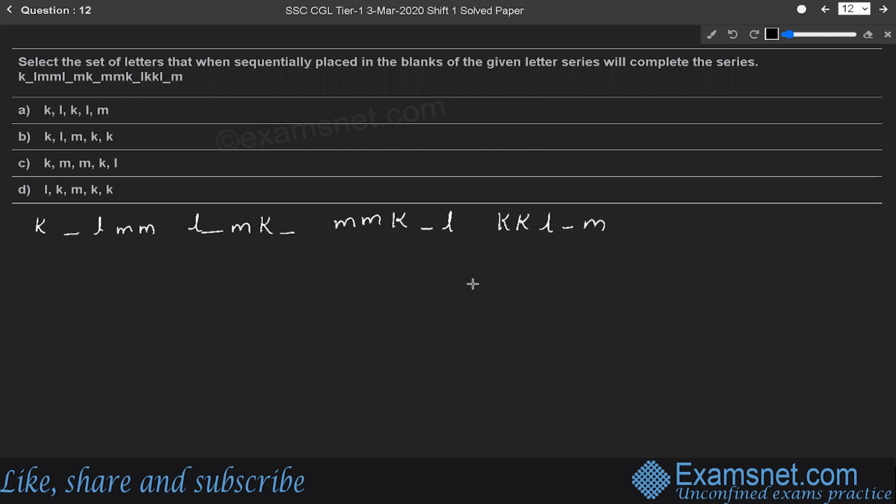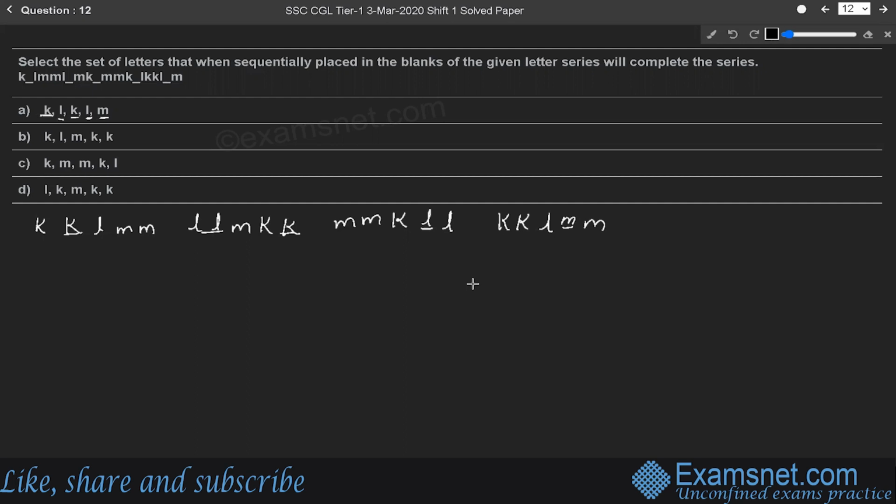So if we put first option here, so in the first blank we will have K, in the second blank we will have L, in the third blank we will have K, in the fourth blank we will have L, in the fifth blank we will have M. Okay. Let us do it for the other options too.